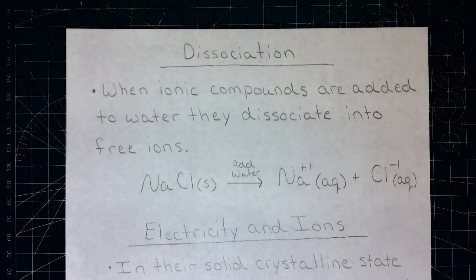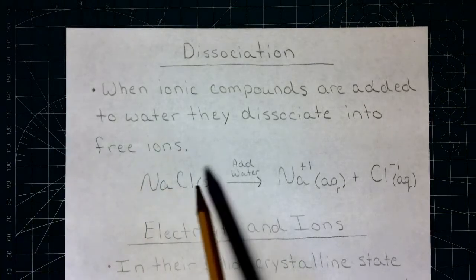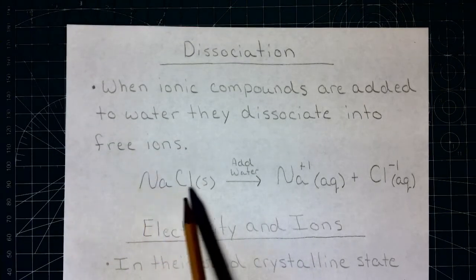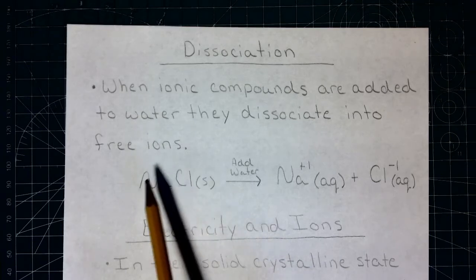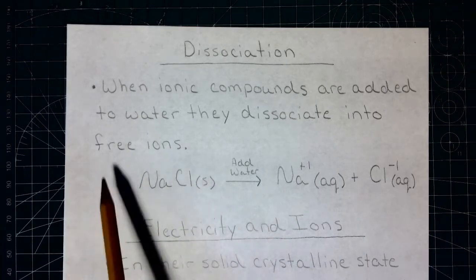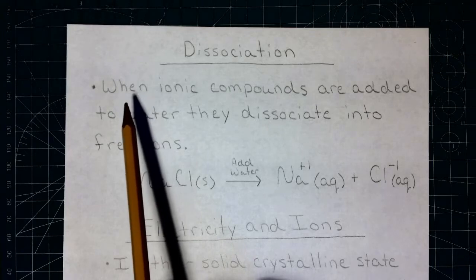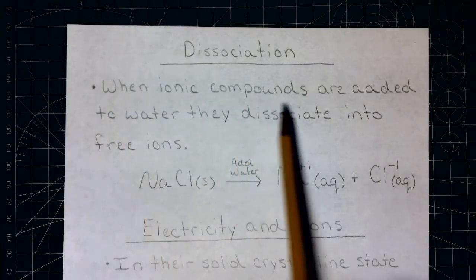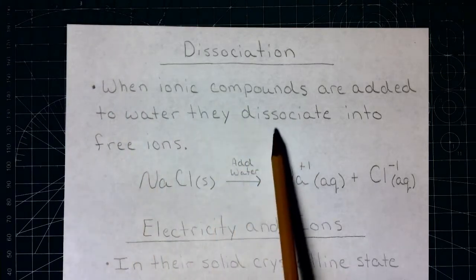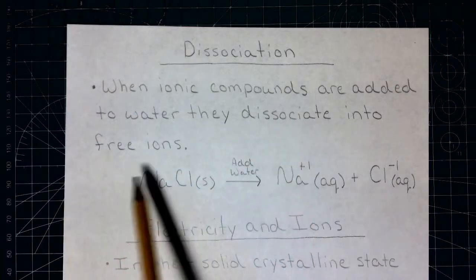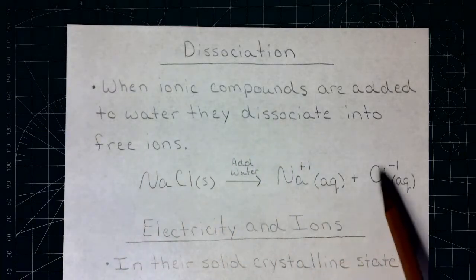So you may have noticed when we wrote that last equation, we didn't draw any ions. And that's because when sodium chloride exists as a solid, there are no free ions. But what does happen with ionic compounds is that when they're added to water, they dissociate into free ions that are moving around freely inside the water.